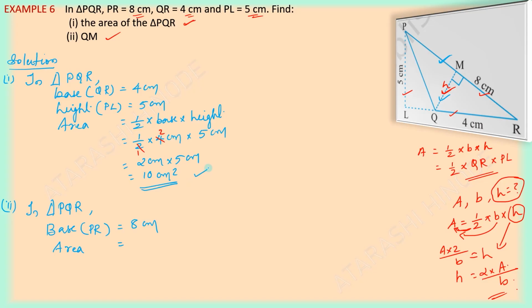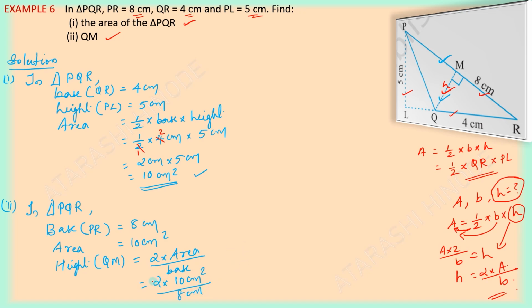Already we got, it is 10 centimeter square. Therefore height QM equal to, what is the formula? It is 2 into area divided by base. That is equal to 2 into area is 10 centimeters square divided by base is 8 centimeters.